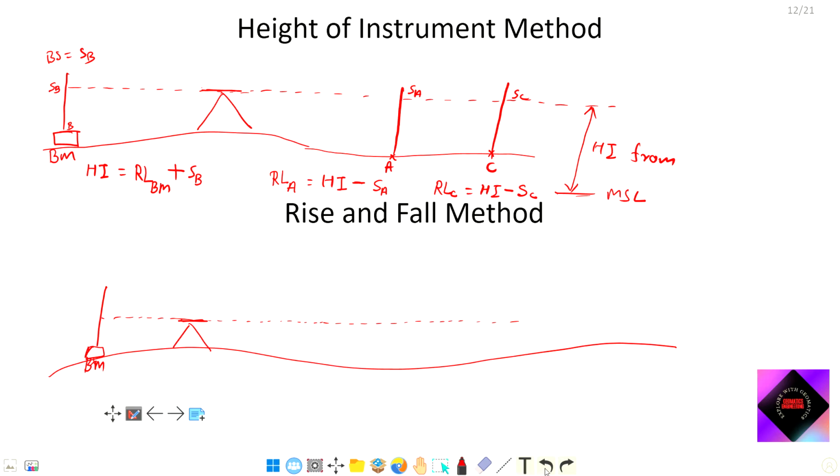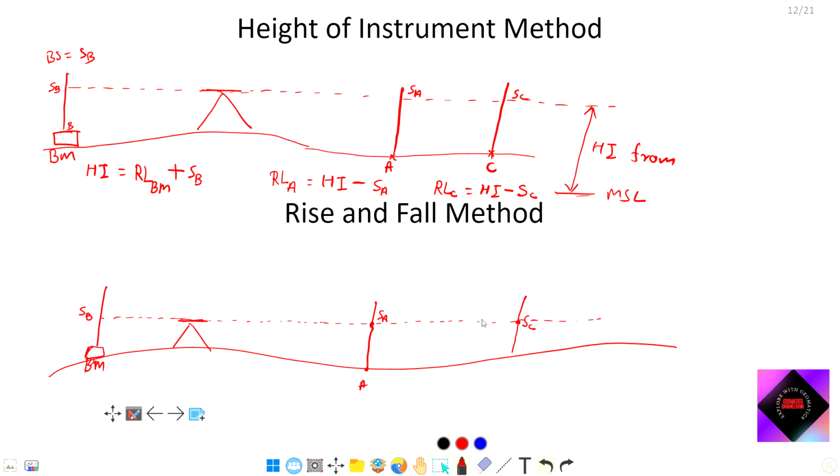Here we will use relative measurement. This is SB. For example, we have taken a reading here, SA for point A, and now this reading is somewhere here, SC.